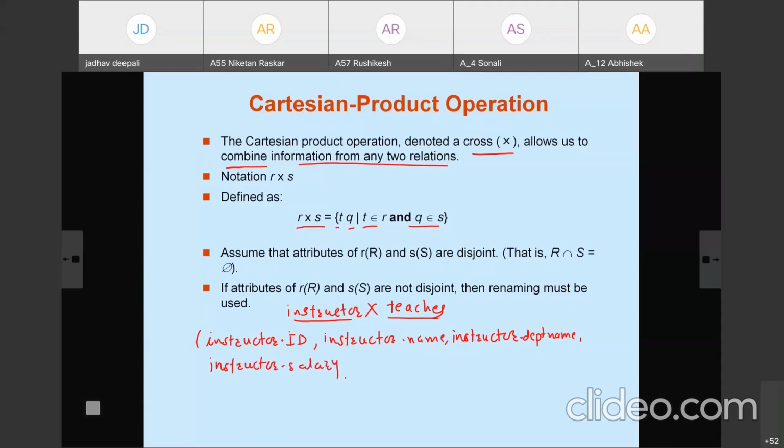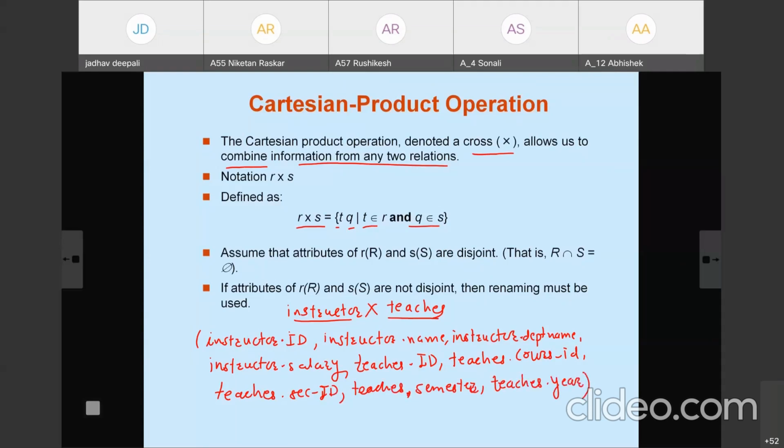After that, the attributes of teaches: teaches.ID, teaches.course ID, teaches.section ID, teaches.semester, and lastly teaches.year.